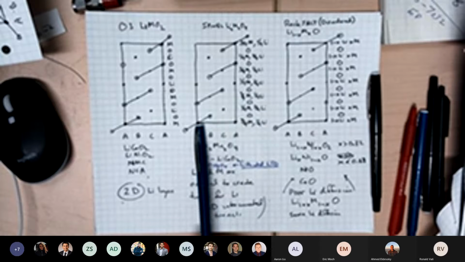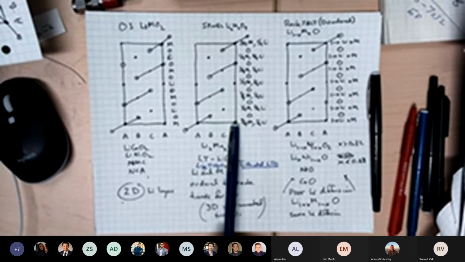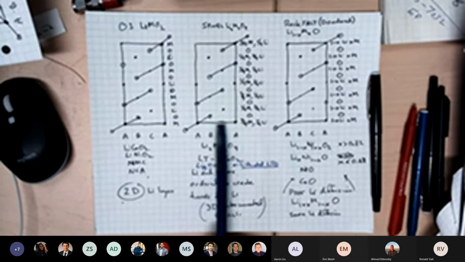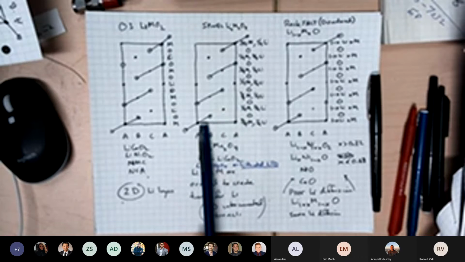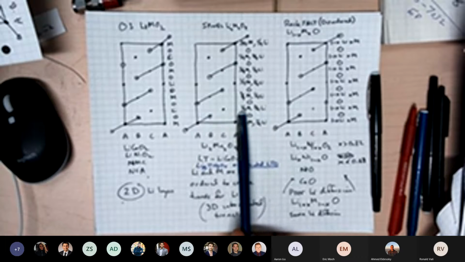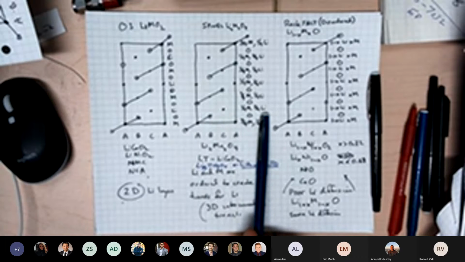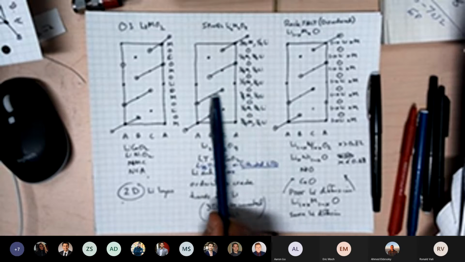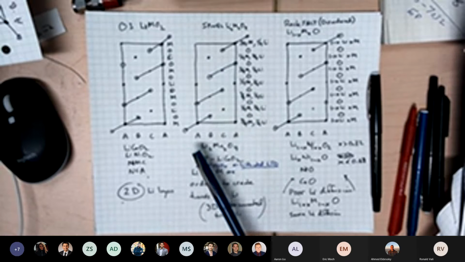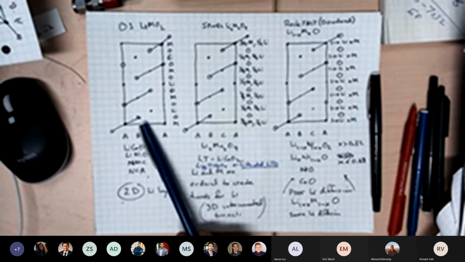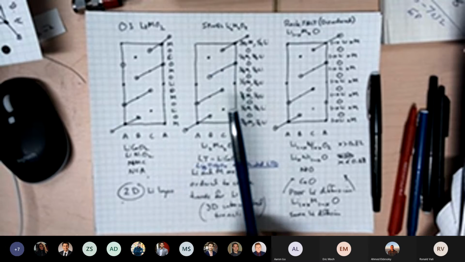And they're arranged in an ordered way so that you get those tunnels that I showed, where the lithium occupies the sites along the tunnels. And then the next metal layer is 1/4 metal and 3/4 lithium, all right? So these two materials aren't very different at all.